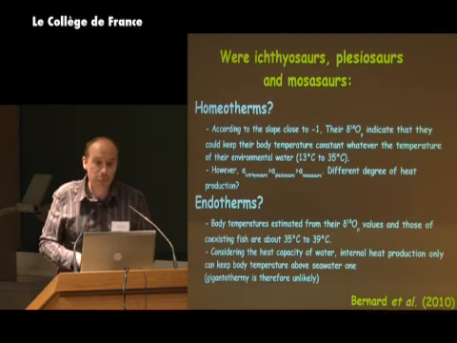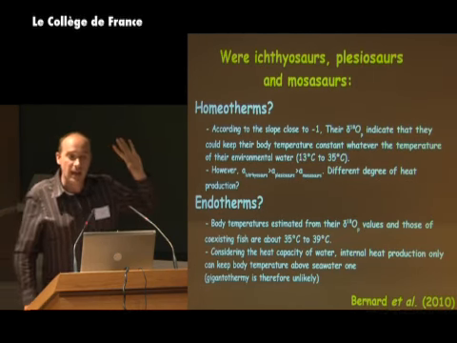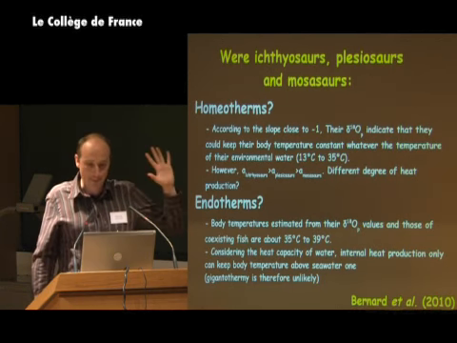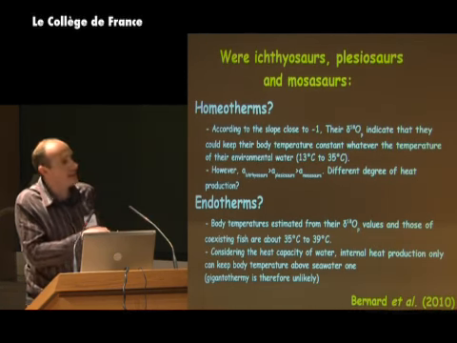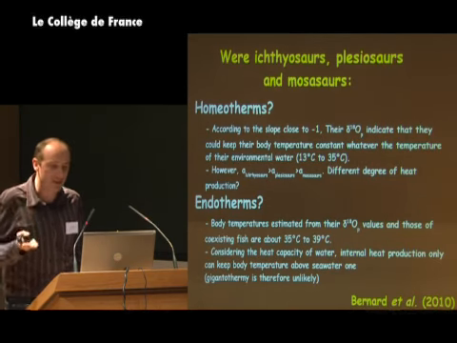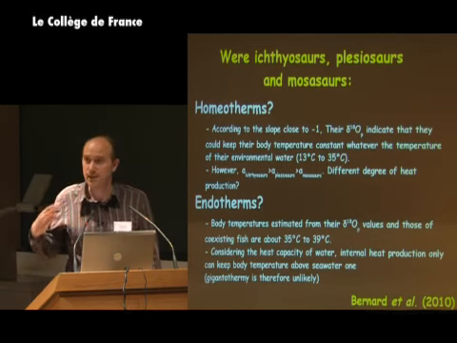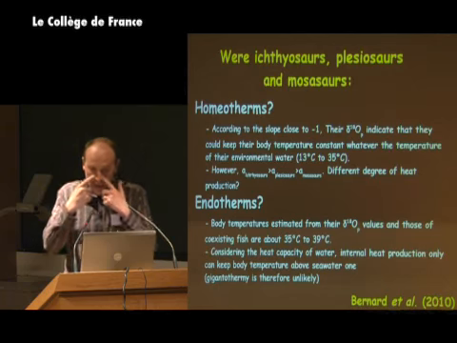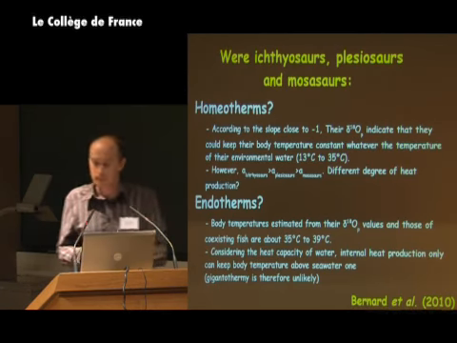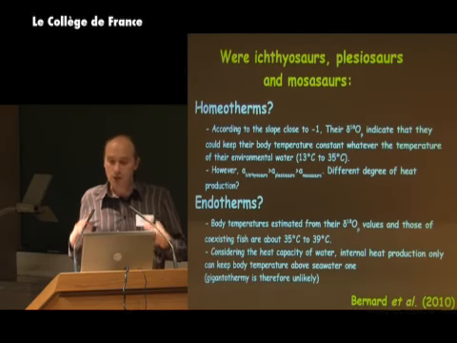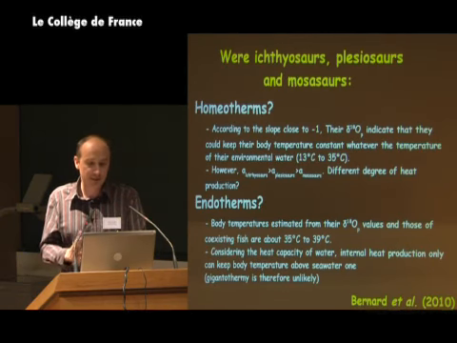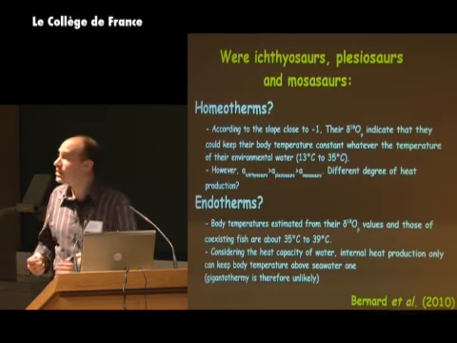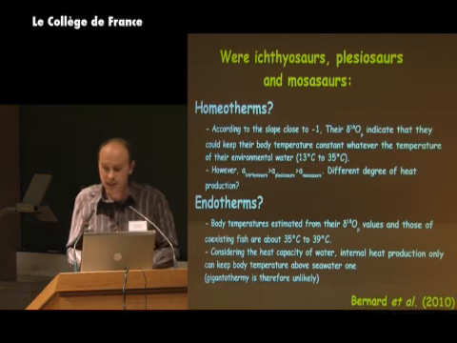And also, they were endothermic animals because they had body temperature higher than the temperature of their environment, and considering the heat capacity of water, only internal heat production could keep body temperature above seawater temperature. So for this case, again, gigantothermy is unlikely.